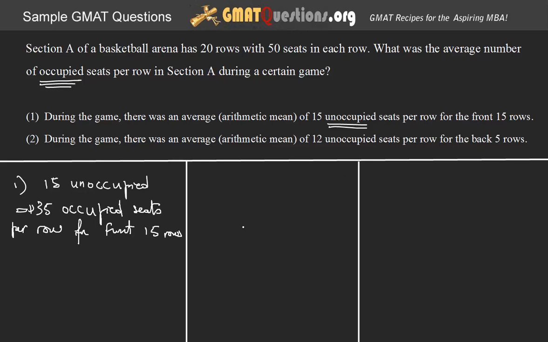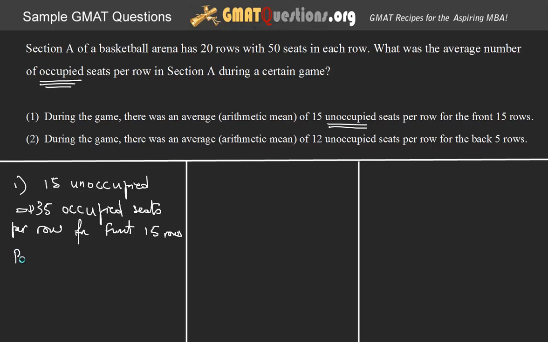You understand that. Now, the problem here in number one, in order to find the average number of occupied seats per row in Section A, we need to know what's happening in the back 5 rows, but we don't.